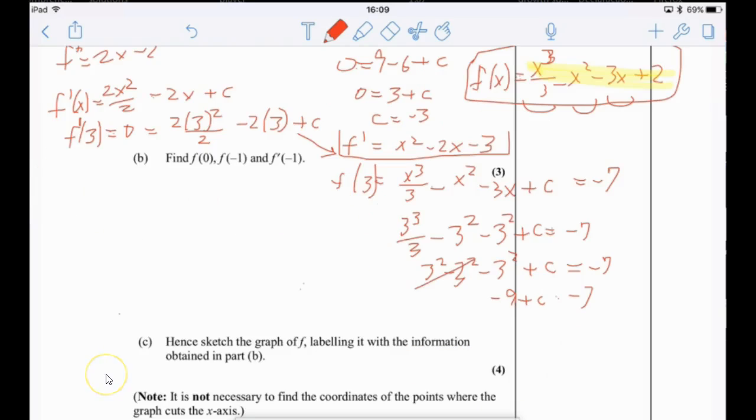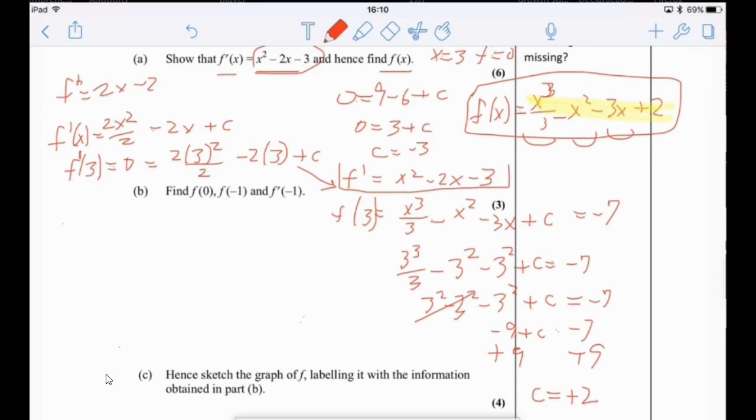Then we add 9 to both sides, and that will give us c is equal to positive 2. So our f function, f of x, we can rewrite as x cubed divided by 3 minus x squared minus 3x plus 2, where 2 is the c value.